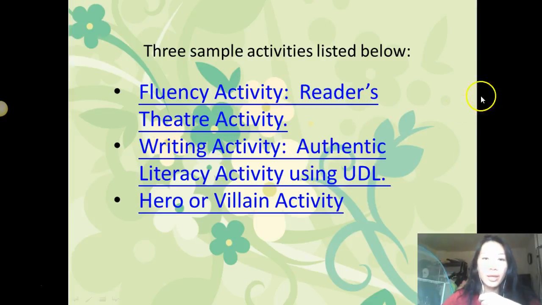I would like to highlight these 3 activities as I submit my keystone assignment. First of all, the fluency activity, because that is my first time trying a reader's theater activity, an authentic literacy activity using UDL.